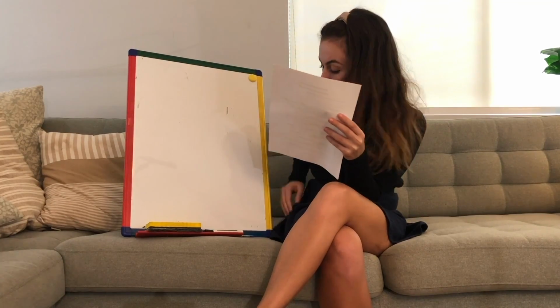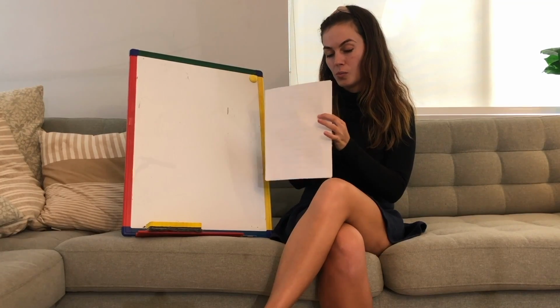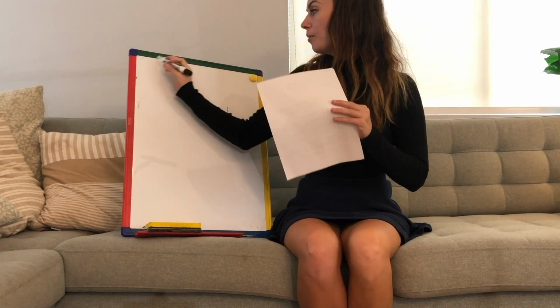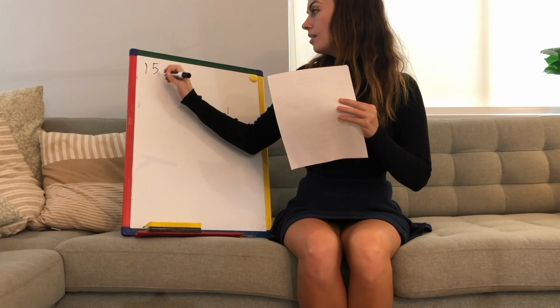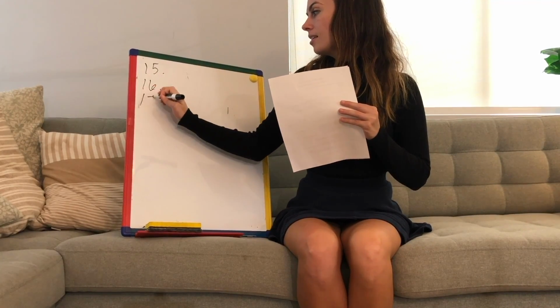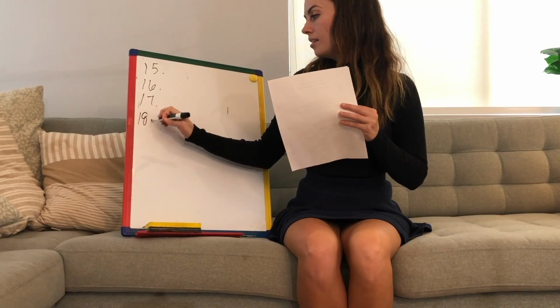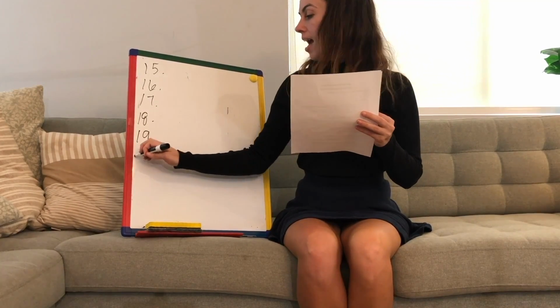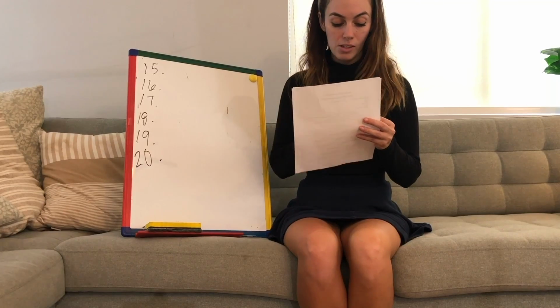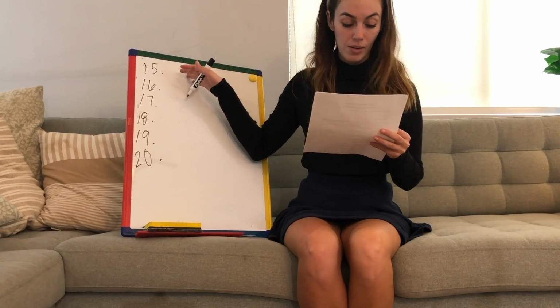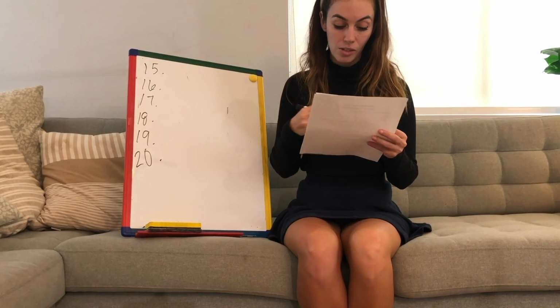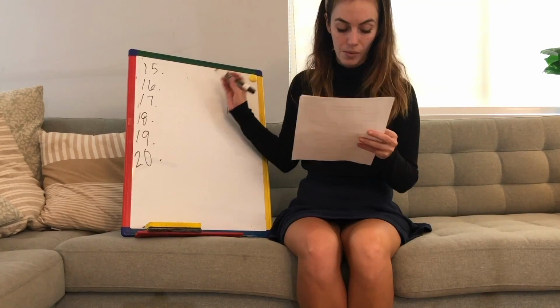Alright, so we're going to do another activity. This will be the last part. On your paper, I want you to write 15, 16, 17, 18, 19, and 20. I'm going to say a name, and you're going to tell me which side they were on, American or British, okay?